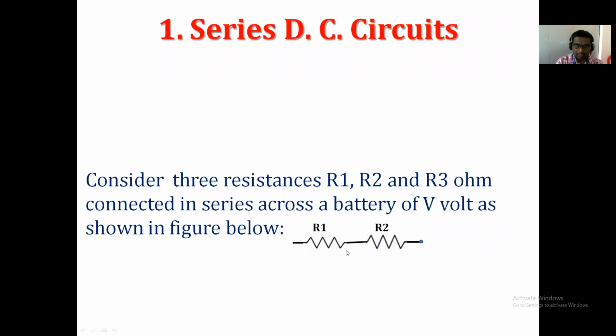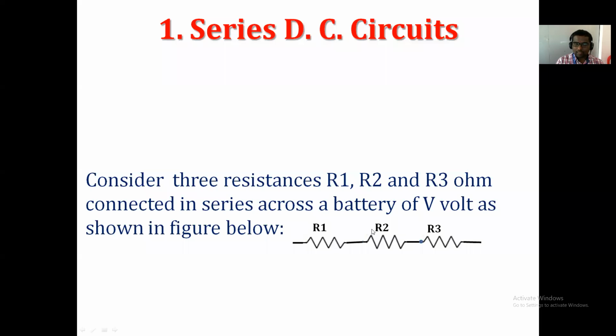Now if you see, in between R1 and R2 there is one common point, and the important thing is that this common point is not connected to any other branch. That's why we say R1 is connected to R2, meaning the resistances are connected end to end. Again, considering resistor R3, one terminal of R2 is connected to one terminal of R3. Is it right?